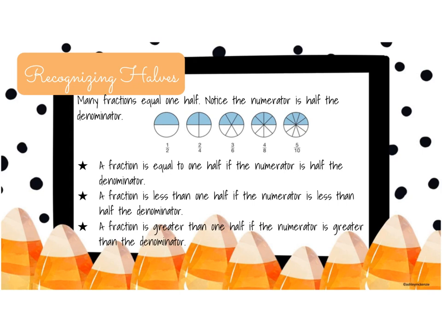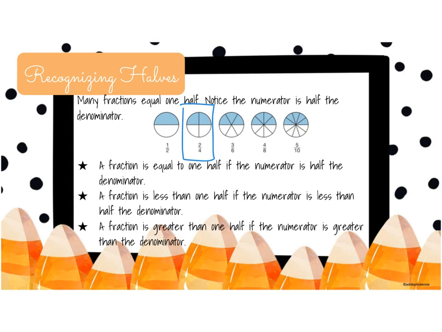Okay, a fraction is less than 1/2 if the numerator is less than half of the denominator. What do I mean by that? For example, if I'm looking at this fraction, first of all, we need to know what the denominator is. What is the denominator in this fraction? 4. Okay, what would be half of 4? 2.